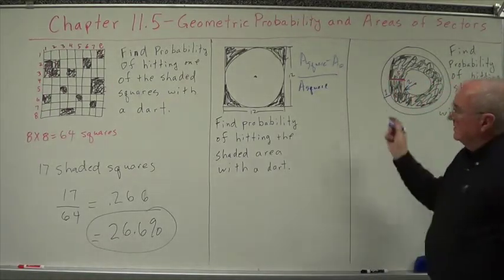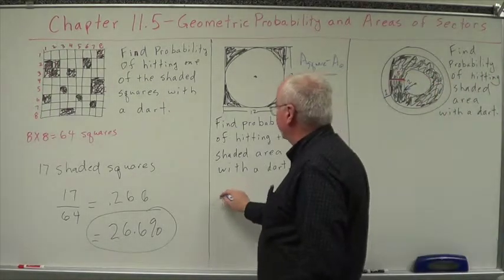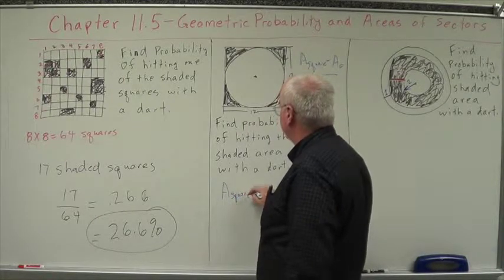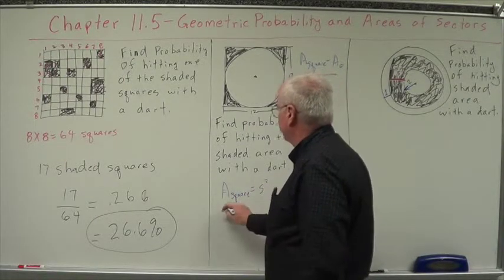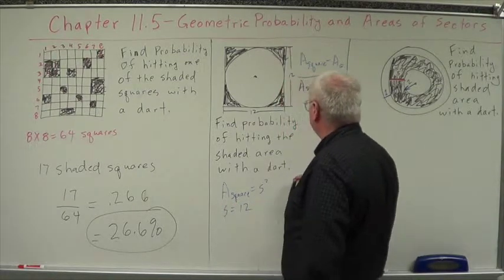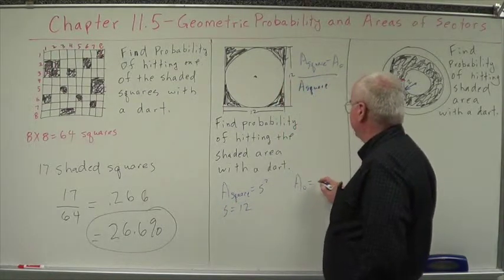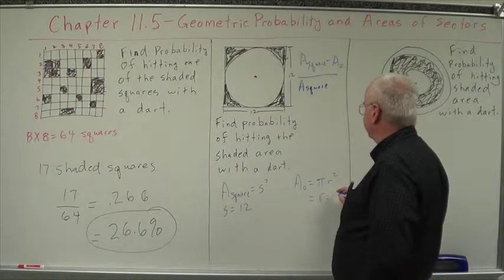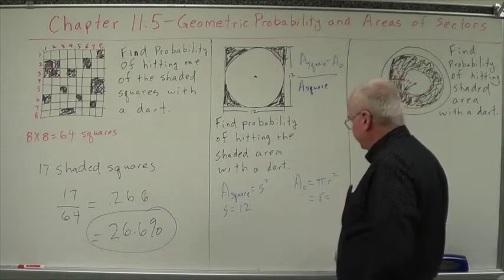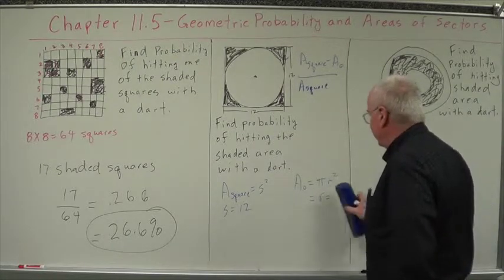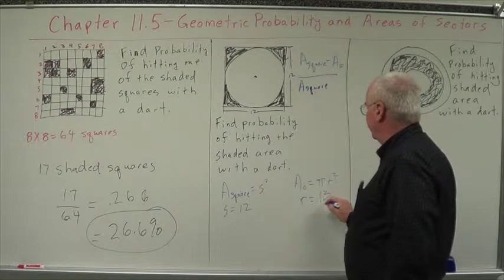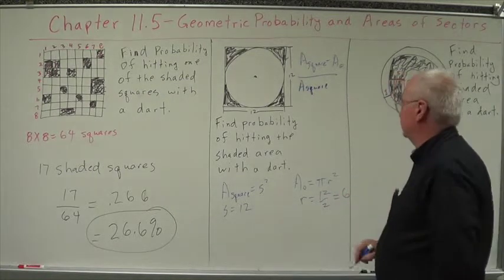Okay? So, number one, we need size. For the area of a square, we need s squared. Well, s equals 12. For the area of the circle, we need pi r squared. Well, what's r equal? r equals 12 divided by 2 equals 6.